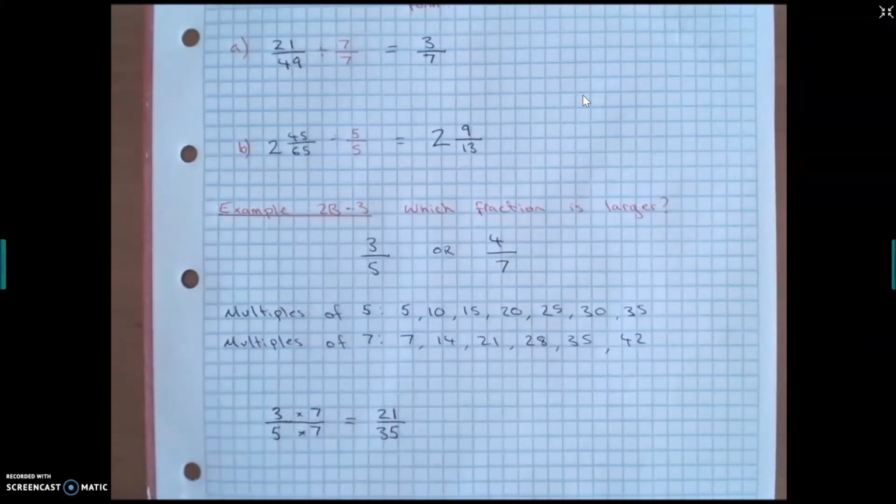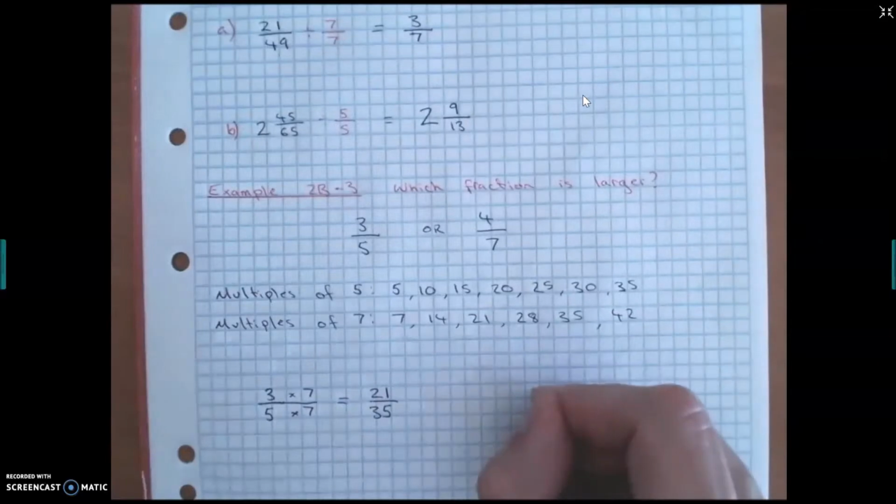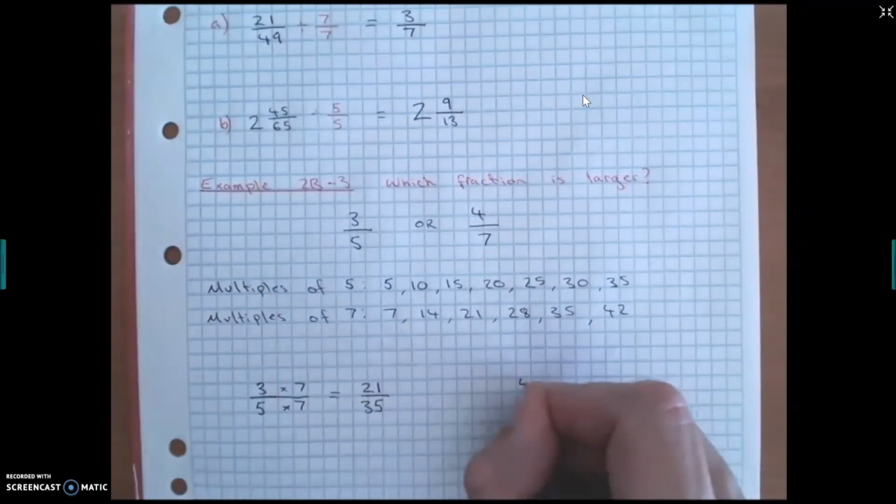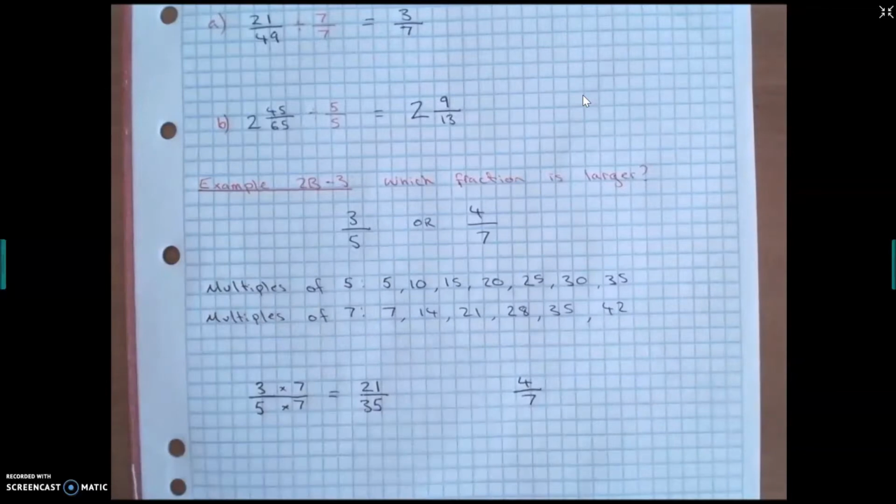Now it might not be completely obvious yet why I've done that, but I'm going to do the same process for 4 over 7 to find an equivalent fraction with a denominator of 35, and then it's going to be a lot easier for me to determine which of those two fractions is larger. So if I have 4 over 7, and remember I want a denominator of 35, to get 35 I know that I have to multiply 7 by 5.